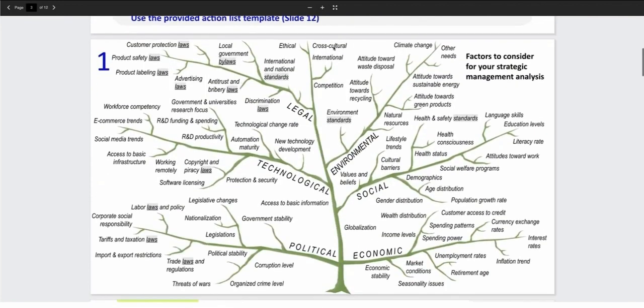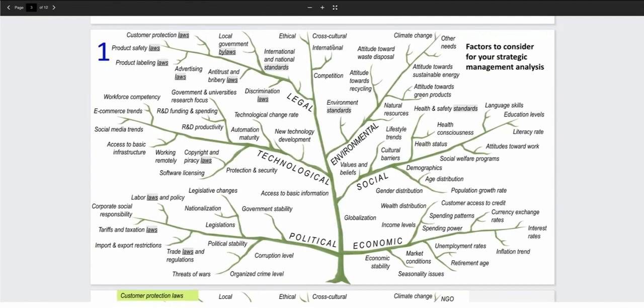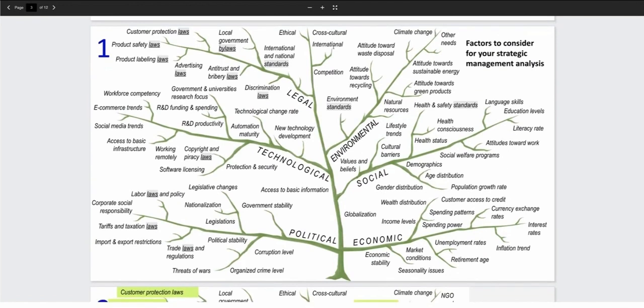Now let's go over the first mind map. Here we are looking into our business like a tree, and we are looking into different factors to consider for your analysis. A PESTEL analysis is a strategic management analysis. So we are looking into our business, and we are going to question, for example, the political factors.